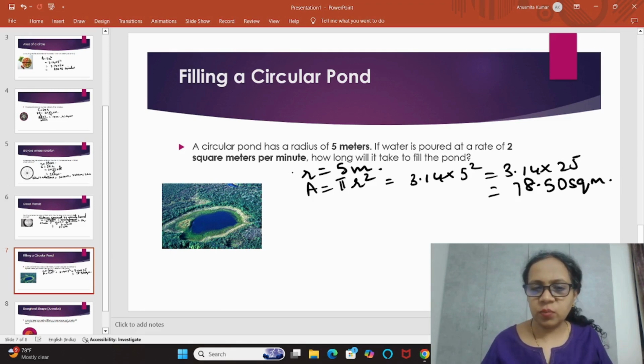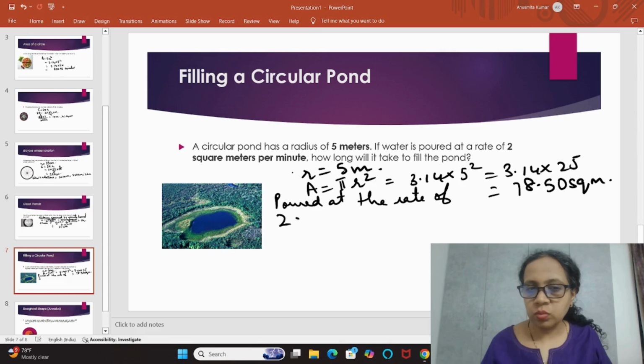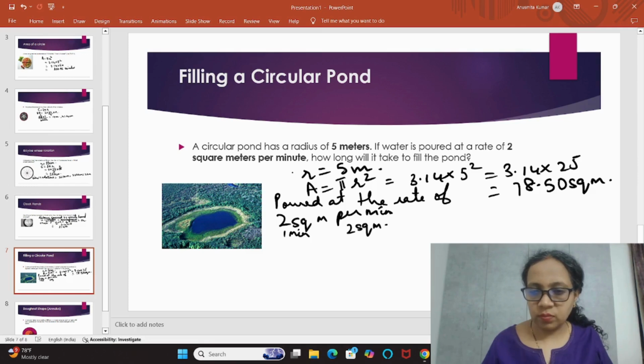Now, if the water is poured at the rate of 2 square meters per minute, so in 1 minute, 2 square meters of water is poured.